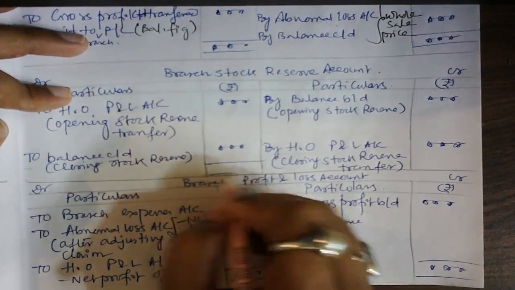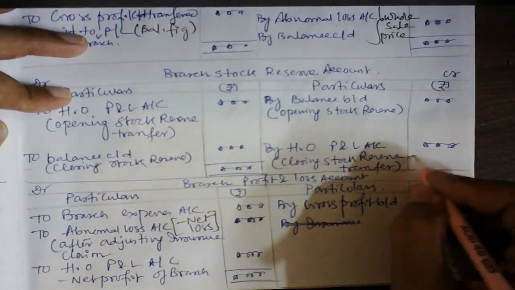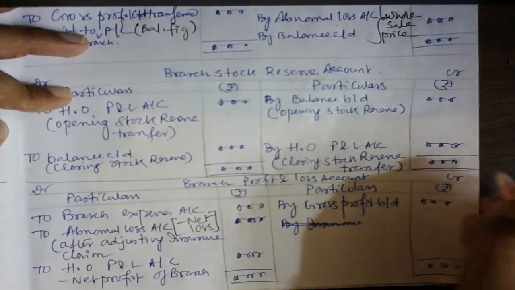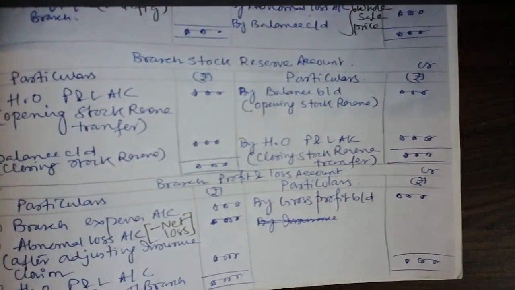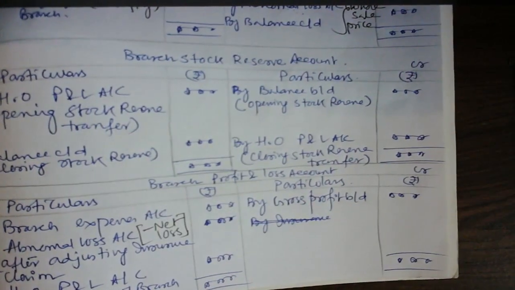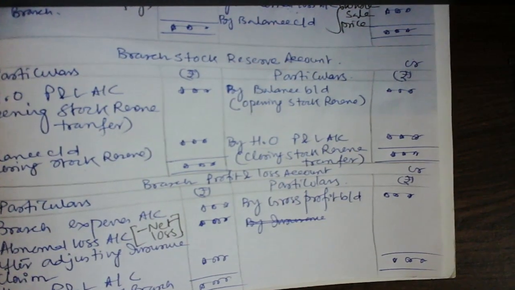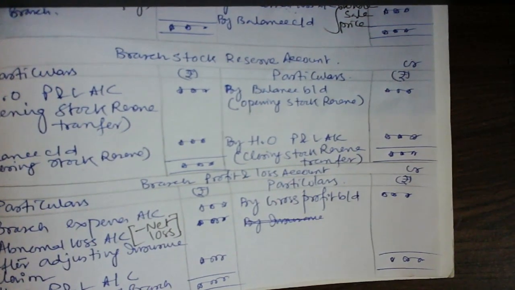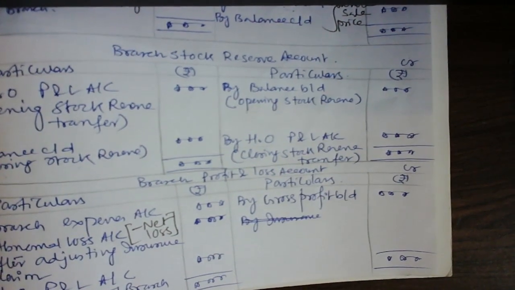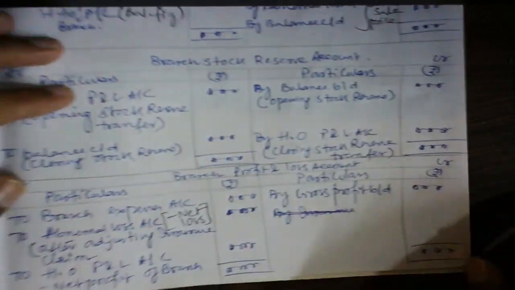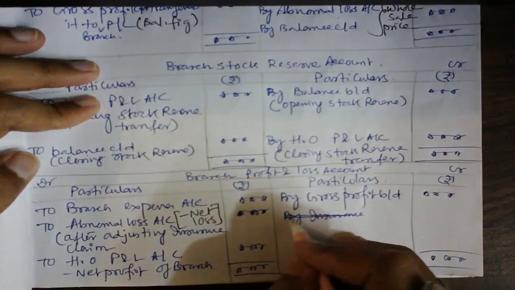But this is how we are going to complete the branch stock reserve account. That is the fundamental through which we can easily complete it. Clear? This was completely easy.